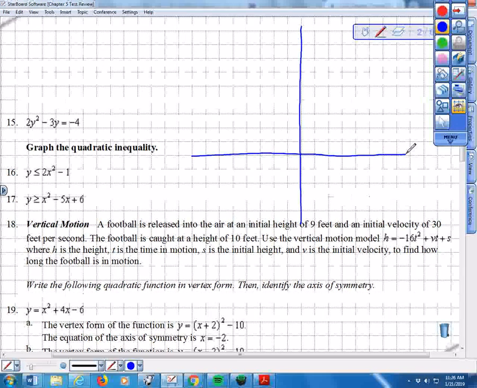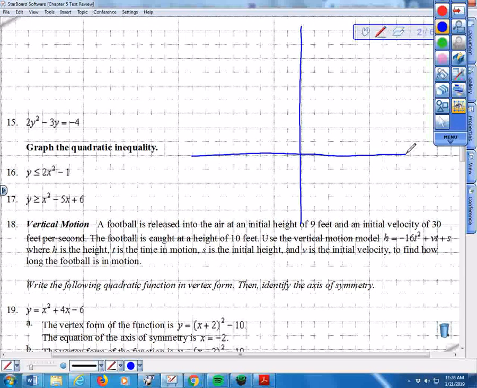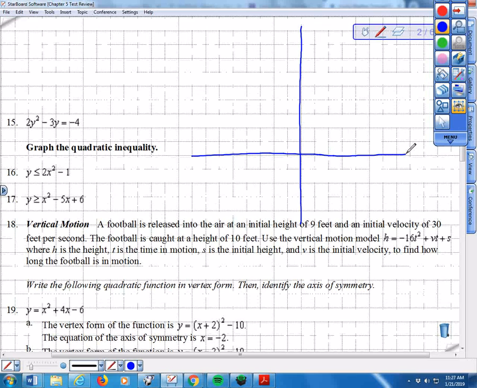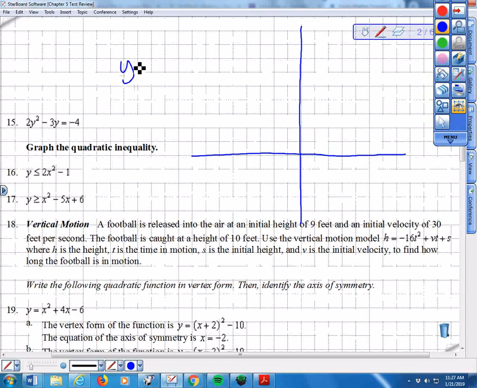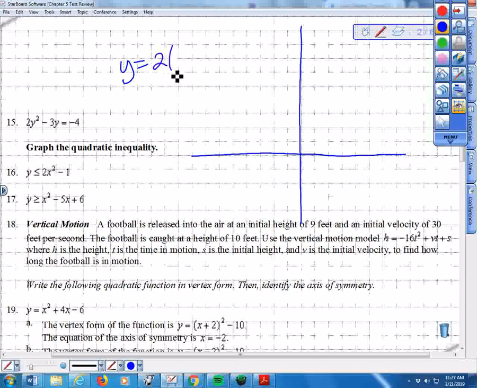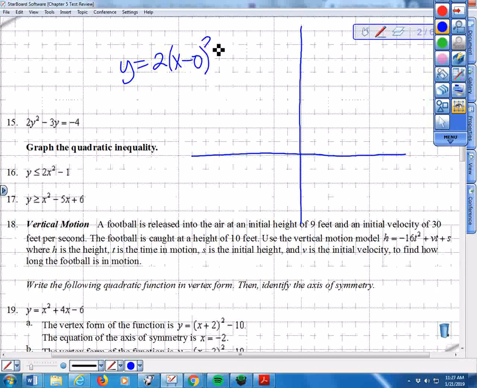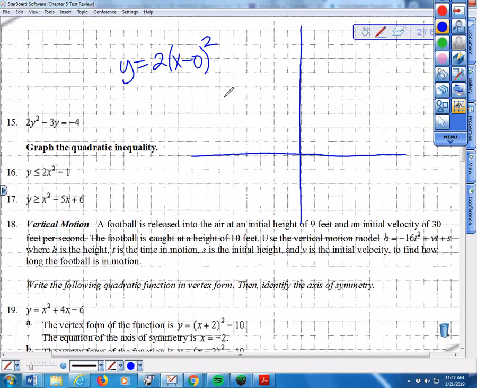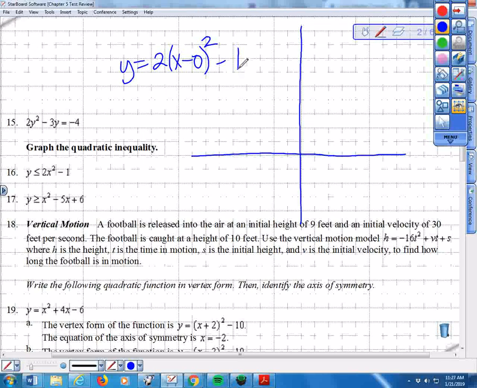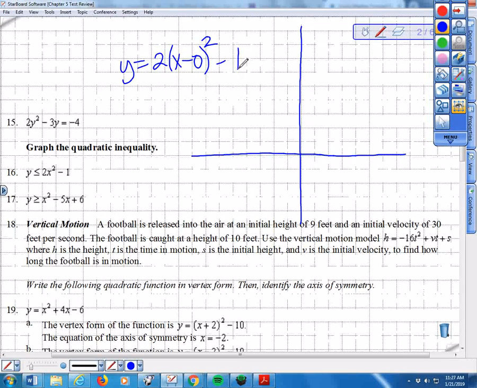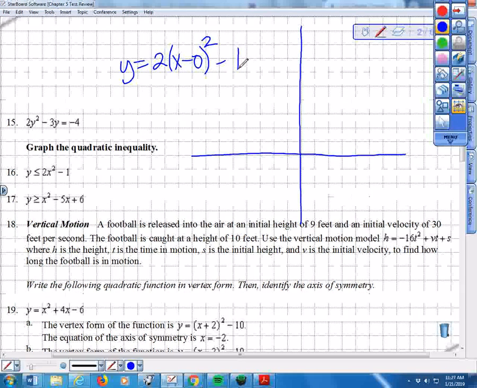2x squared minus 1. Well, this is the graph of the regular function x squared stretched by a factor of 2 and shifted down 1. Okay? But if I want to write it in general form, minus 1. That's what it looks like. So what is the vertex? 0, negative 1.